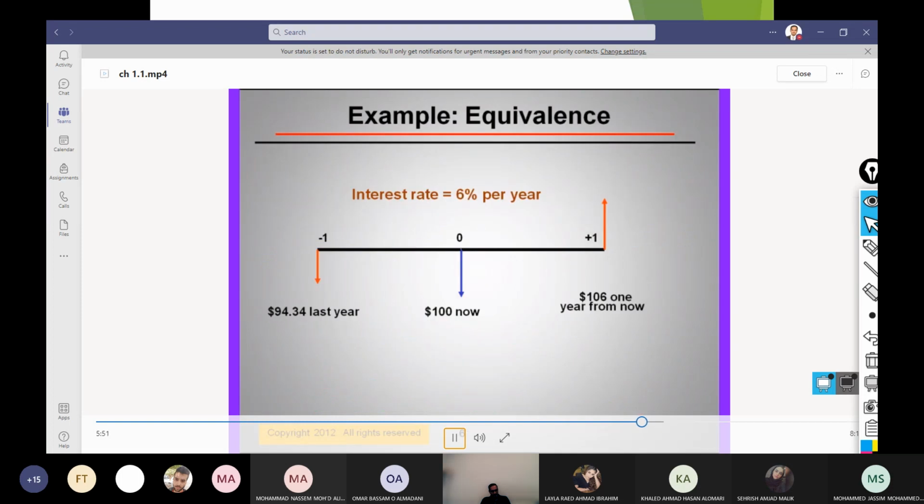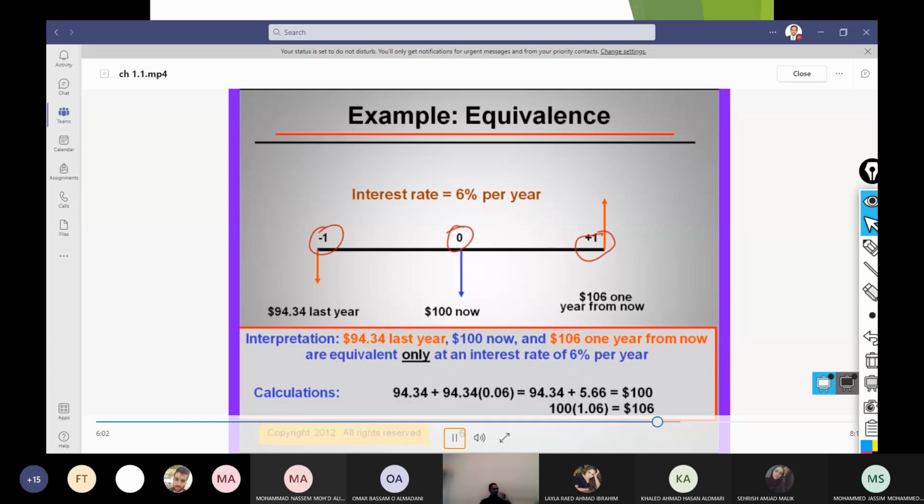Now for an example. Here is a cash flow diagram showing money last year, now, and next year. The interest rate is 6% per year, as mentioned here. This cash flow diagram shows that $94.34 last year, or 1 year ago, is equivalent to exactly $100 today and to $106 exactly 1 year in the future.